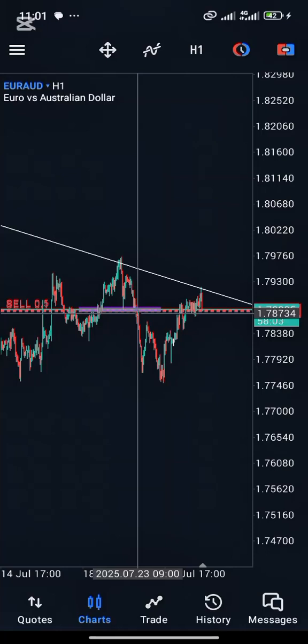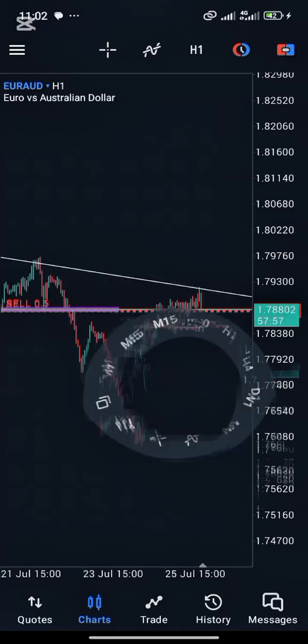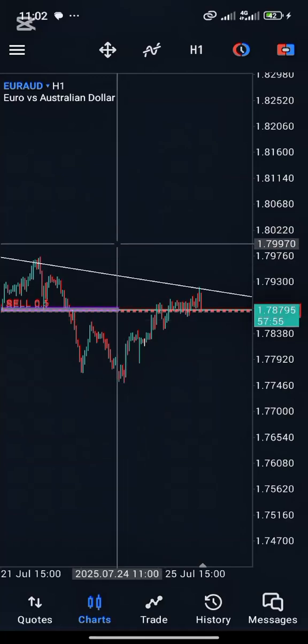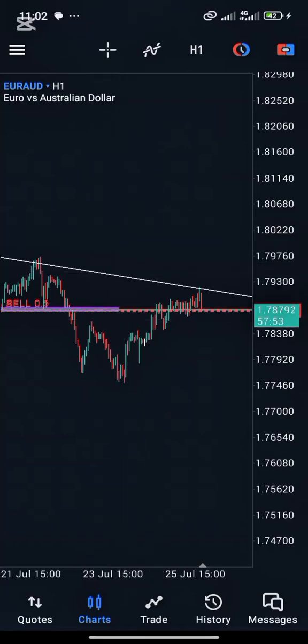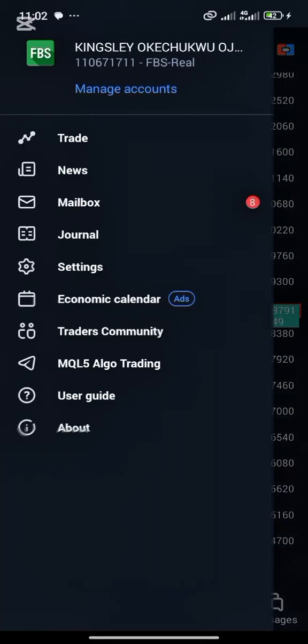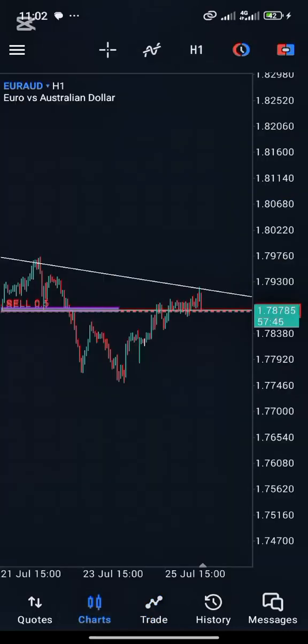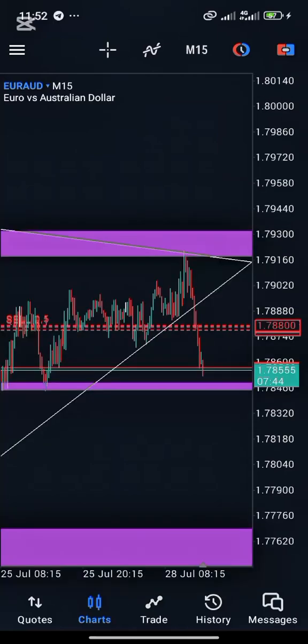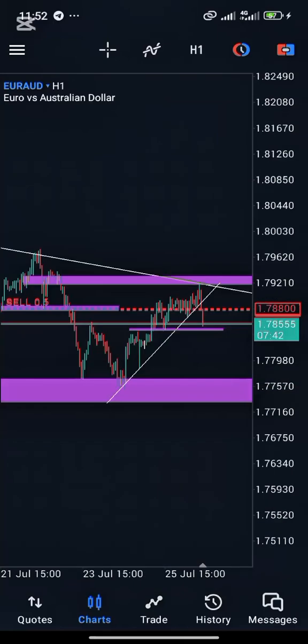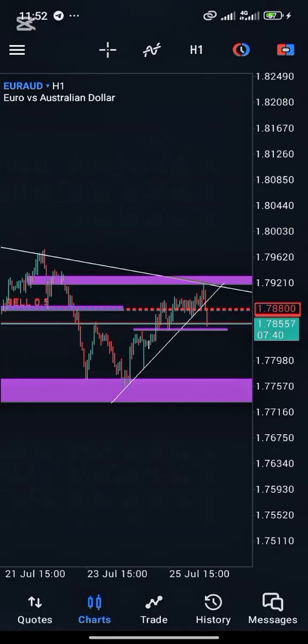But the trade has gone far already. I didn't see the setup earlier, so I'm not using a stop loss. I will just pick the few pips I want to pick, then I leave. But if you are taking this kind of trade, use a stop loss. It's very, very important.